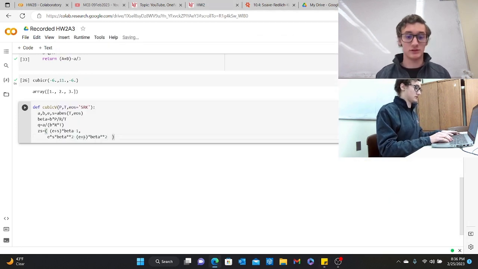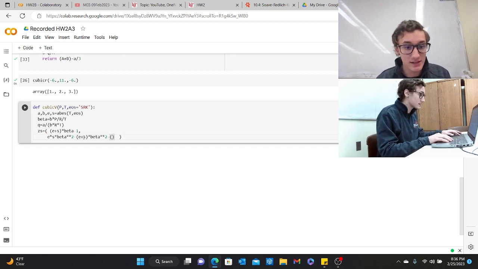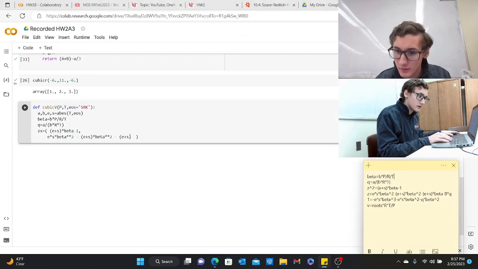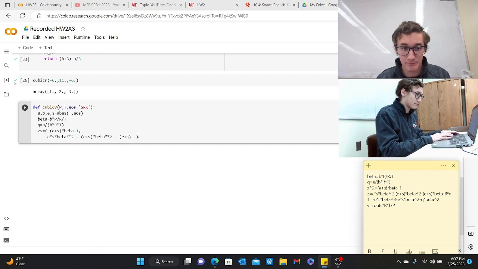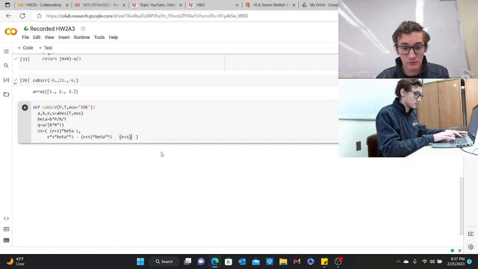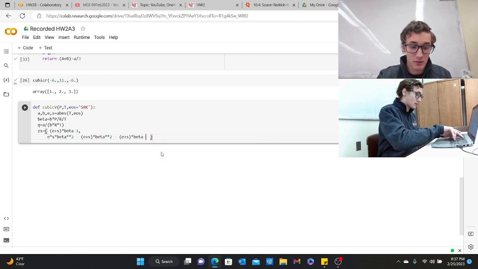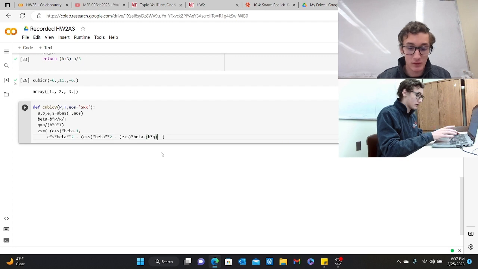Now we're going to subtract. Surprise, it's going to be E plus S again. I know, surprising. Let's try to not make any uppercases. Plus S times beta. There we go. Now minus B times Q. And that's our second root.